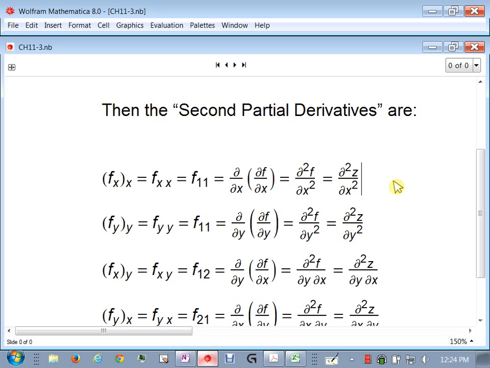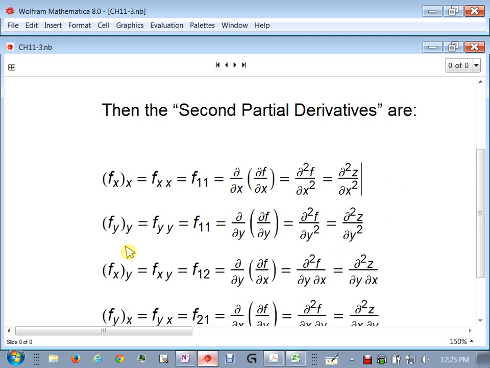What if I wrote this? This means take the partial derivative of f with respect to x and square it, right? You may think that that means this, and you may think that this means that. So we offset the exponents so that it's clear that this is a second partial, as opposed to the first partial being squared. The same thing happened in Cal 1 with derivatives. The 2's would be offset. It's not to confuse you, it's to make sure there's no miscommunication in what you're actually computing, all right?